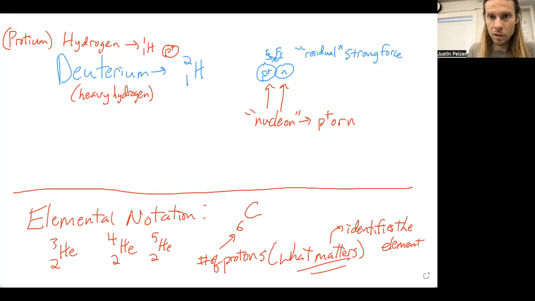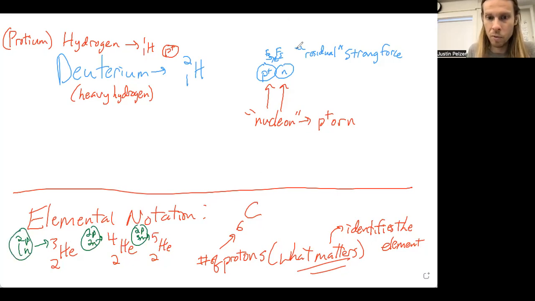So this is 1 neutron and 2 protons, this is 2 protons and 2 neutrons, this is 2 protons and 3 neutrons. Kind of see what I'm getting at, right?